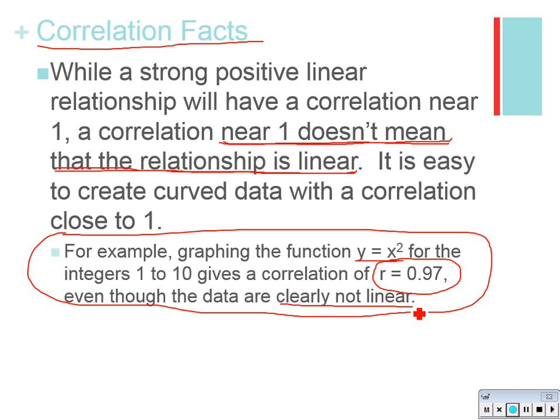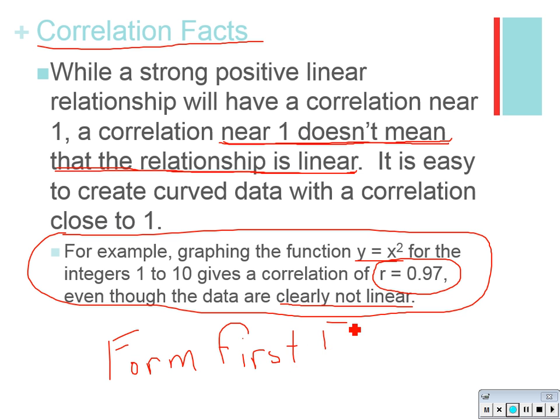So before you start looking at anything involving scatter plots, always make sure that you check the form first. I'll make a note of this at the bottom here: always check your form first.